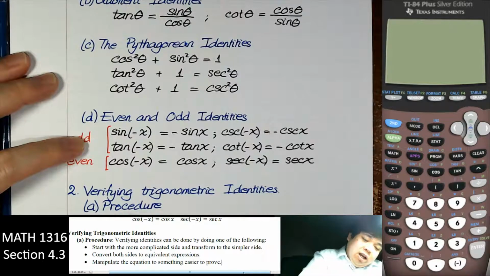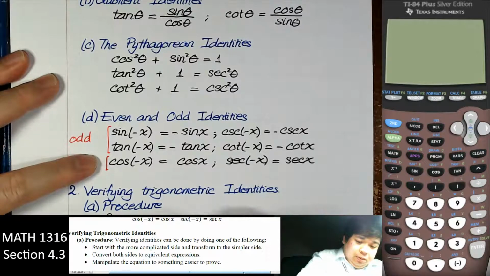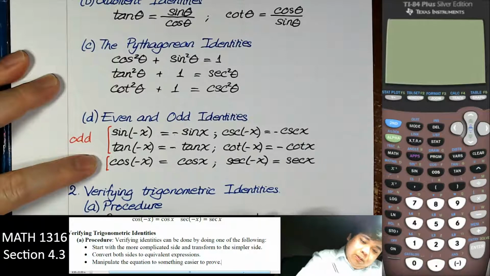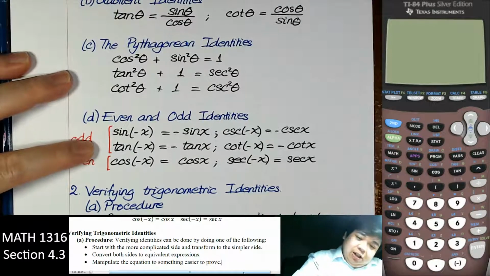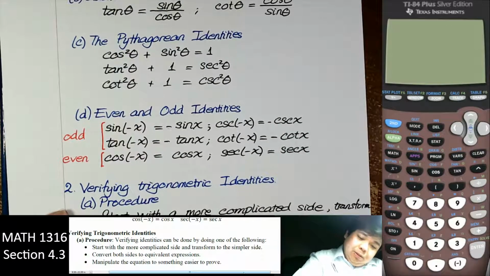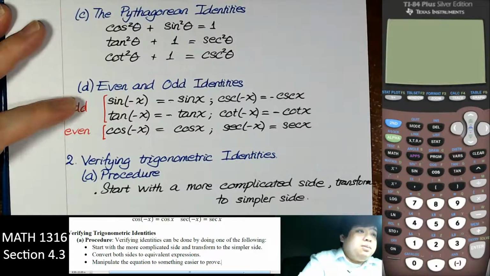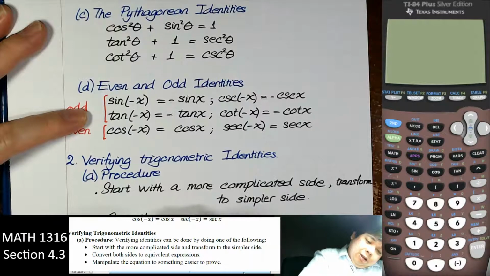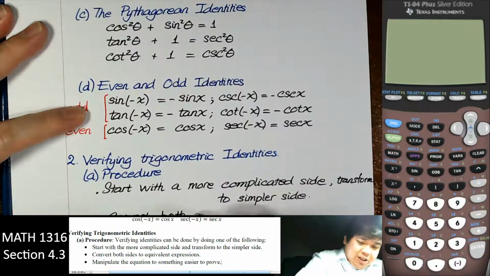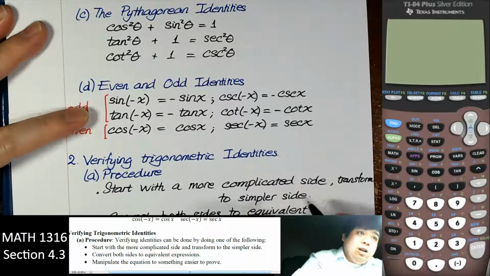So either we start with a complicated side and then transform to a more simple side, then convert both sides to equivalent expressions.